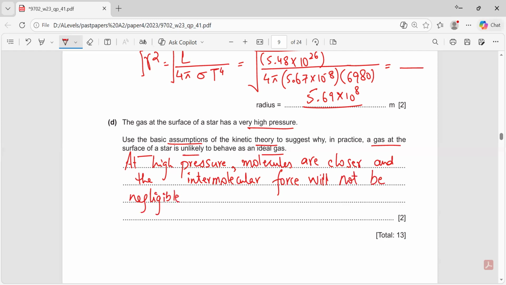Okay? At high pressure, molecules are closer and the intermolecular force will not be negligible.